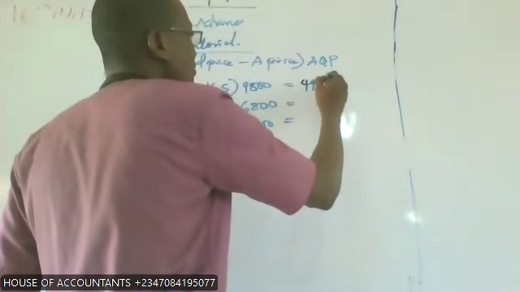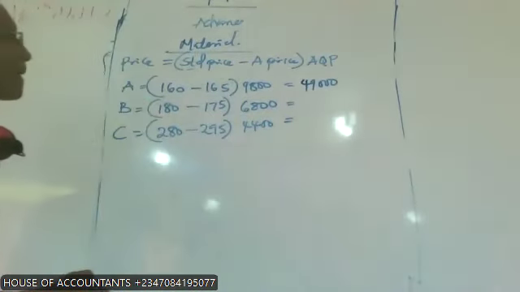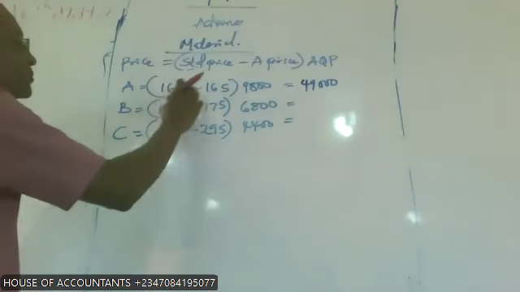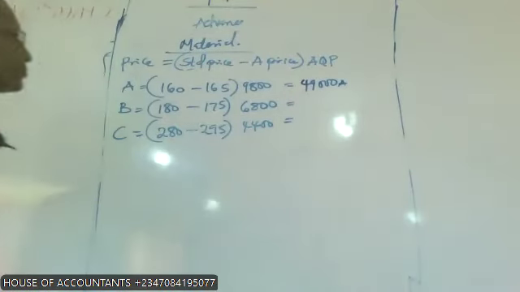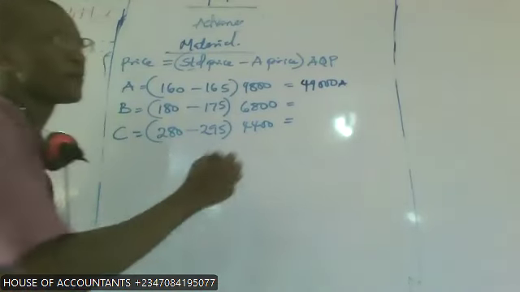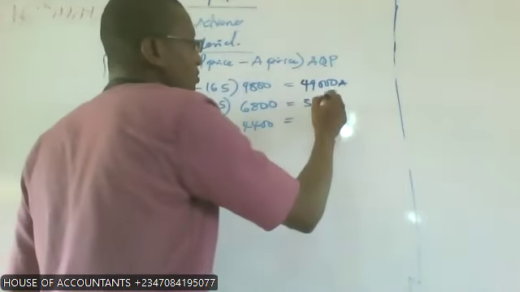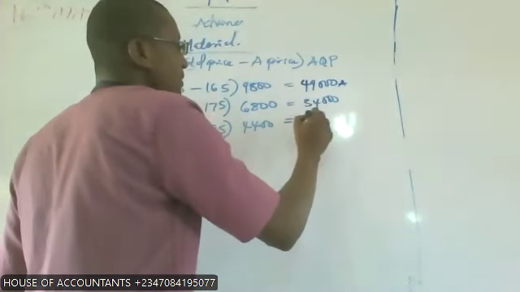For A, 9,000. It's going to be adverse because actual is more than standard. The second, 34,000. Then 66,000.